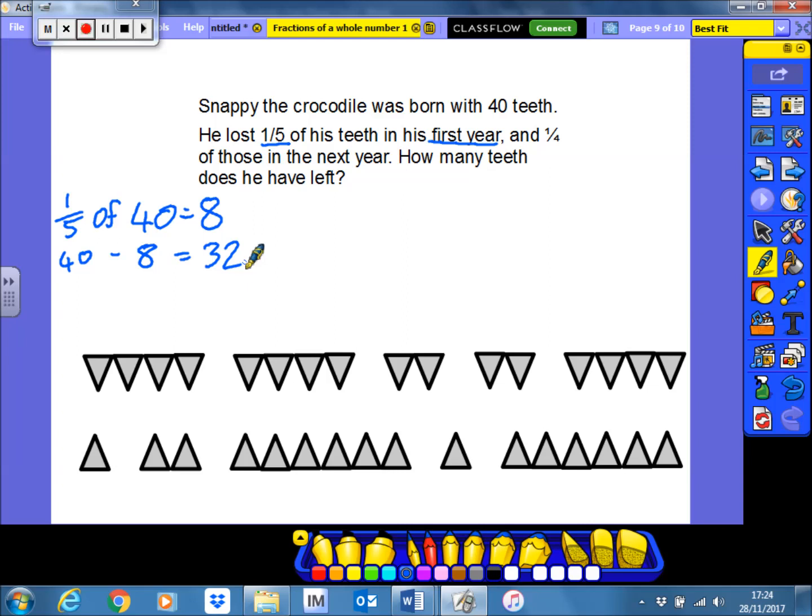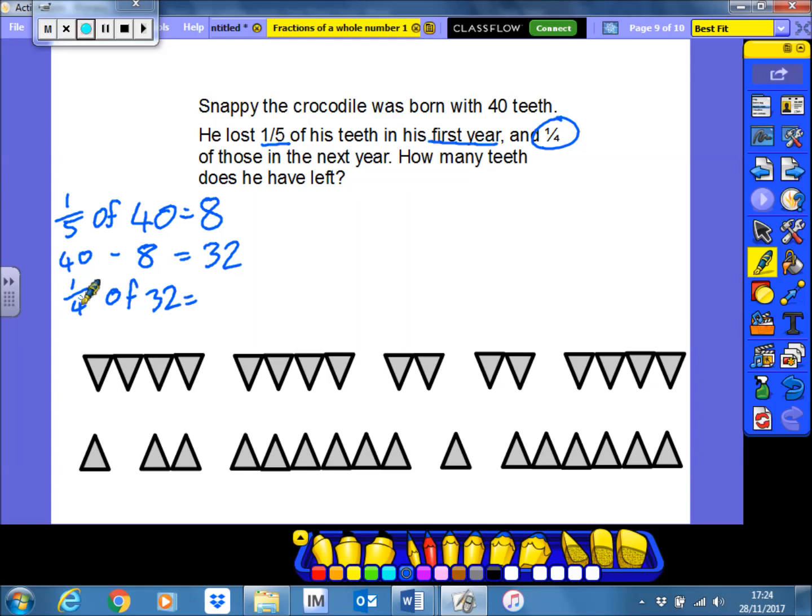Okay, now the next year, he lost a quarter of them. So we're now needing to work out what a quarter of 32 is. So a quarter of 32, he's losing another quarter of them. So we're going to do our 4 times table up until we get to 32.